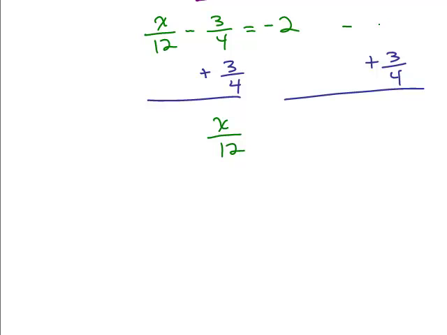You want a common denominator of 4, right? So you would have to multiply this by 4 over 4. So that would give me -8/4. -2 is the same thing as -8/4. And so then when I add on the right side, -8/4 plus 3/4 is going to be -5/4.